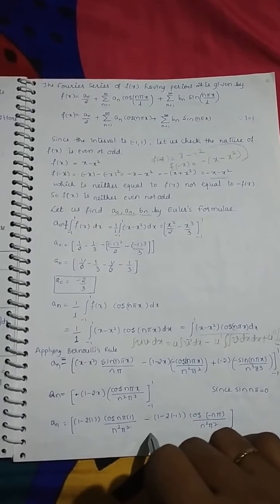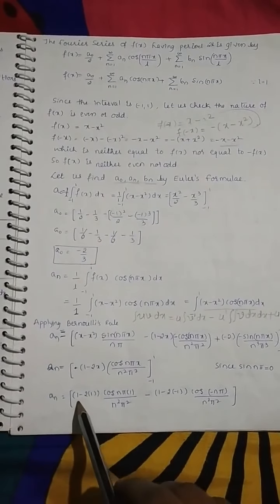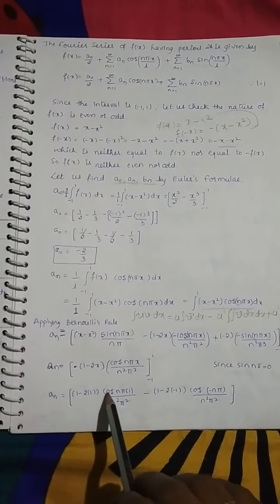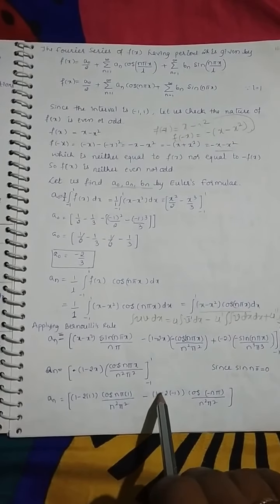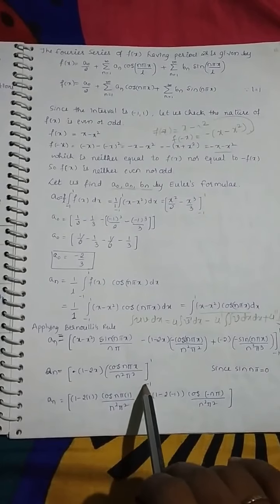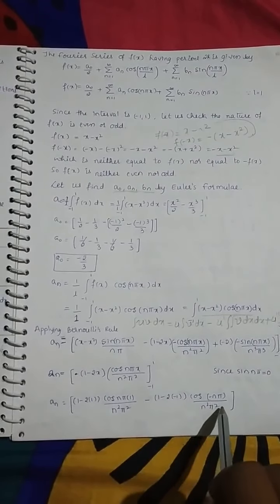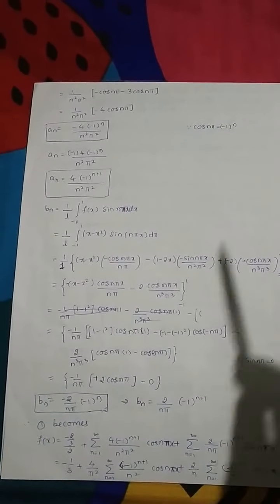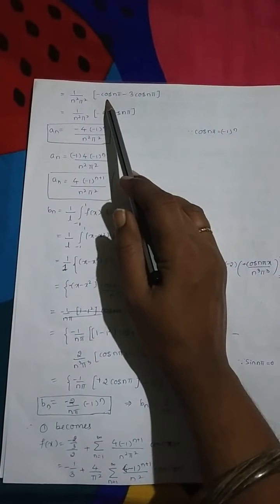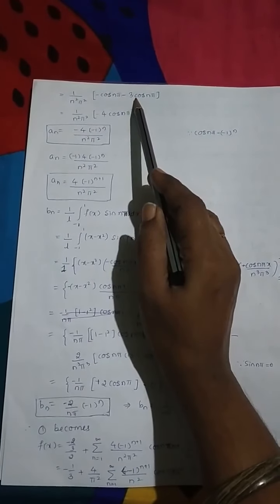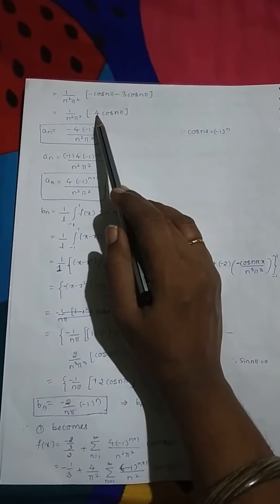Next, substituting the limits and simplifying, 1 minus 2 into 1 cos of n pi upon n square pi square, minus 1 minus 2 of minus 1, means lower limit minus 1, cos of minus n pi upon n square pi square. That is equal to, taking 1 upon n square pi square common, we have minus cos n pi minus 3 cos n pi. Minus cos n pi minus 3 cos n pi is minus 4 cos n pi.